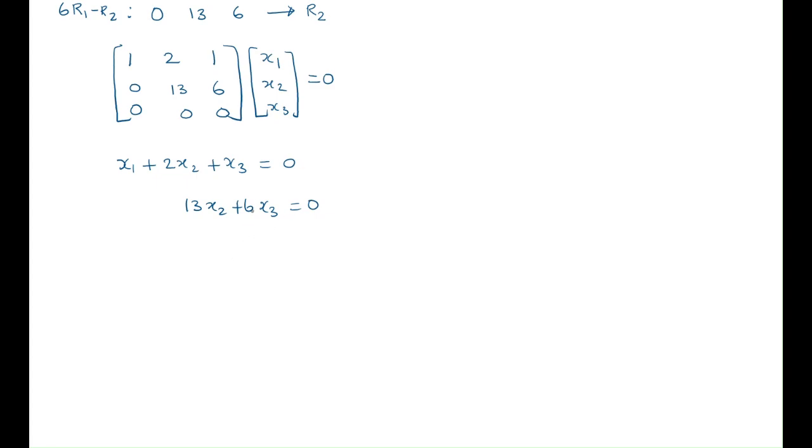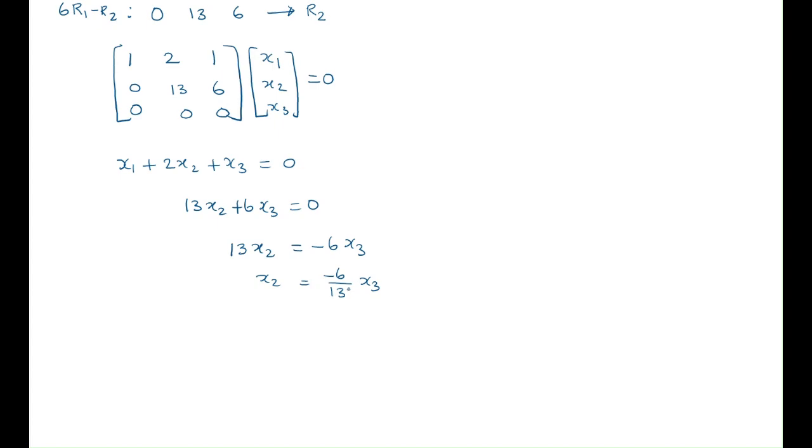Now I can write 13x2 is equal to minus 6x3. So I am writing 13x2 equal to minus 6x3. Otherwise I can write x2 to be equal to minus 6 by 13 x3.